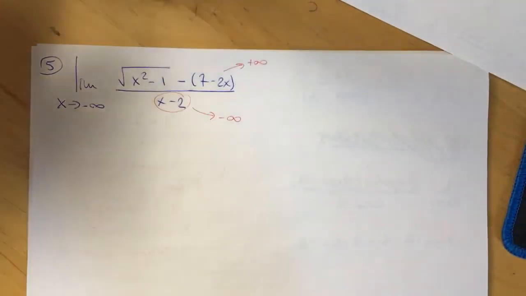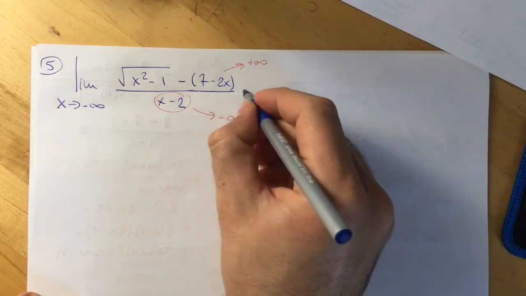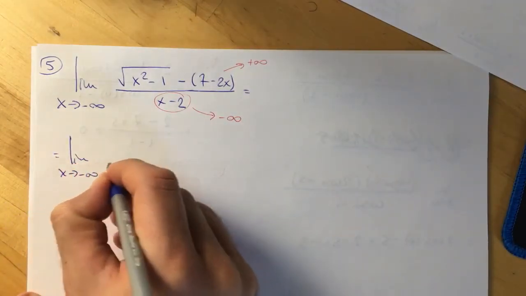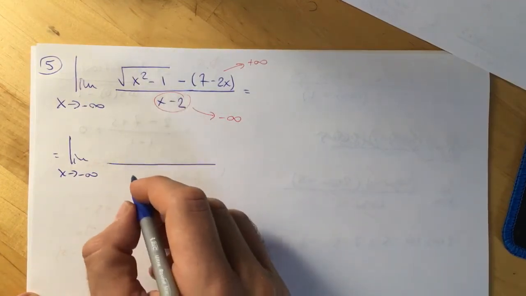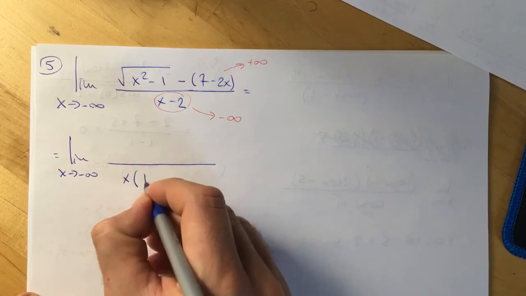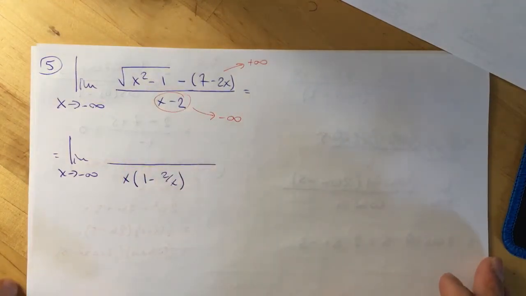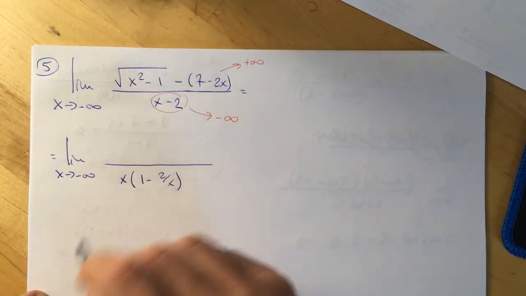So how to deal with this? Okay? Let's just factor out the highest exponent. So this is equal to the limit as x goes to negative infinity. The highest exponent in the denominator is just x. So I have x times 1 minus 2 over x. In the numerator, you have to work a little bit with the square root in order to factor out the highest exponent.